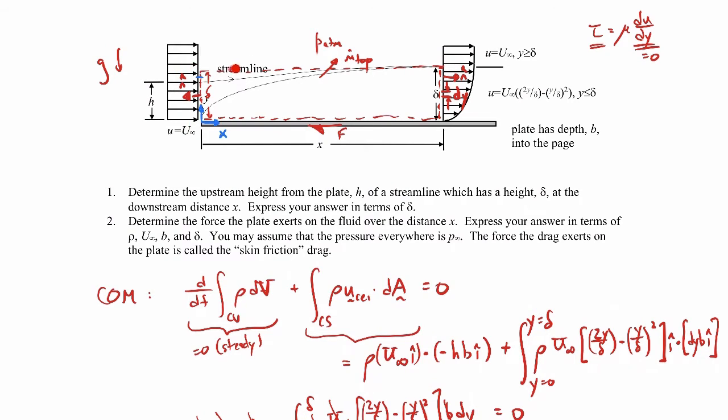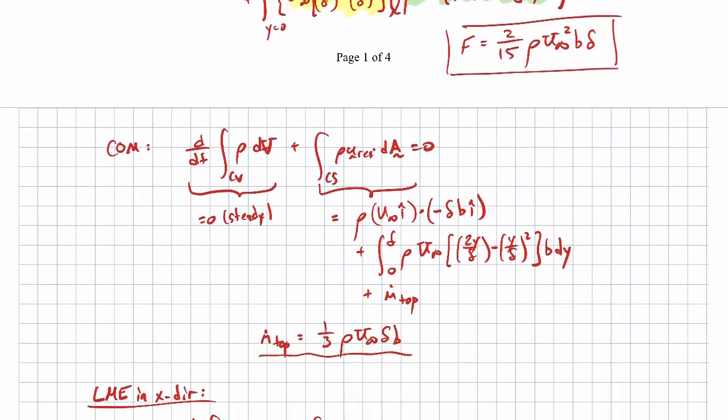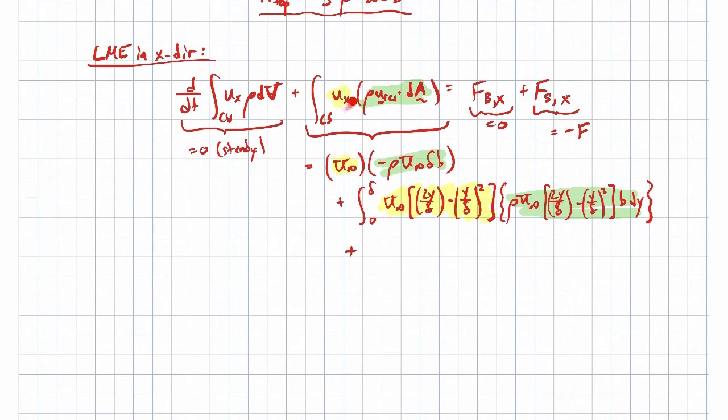So going out through the top, the x component of the velocity is u infinity. So when we evaluate the linear momentum equation, this ux term will be our u infinity, because that's the horizontal component of the velocity going out through the top. And the mass flow rate going out through the top, we already said, was just m dot top. So that's our green term here.